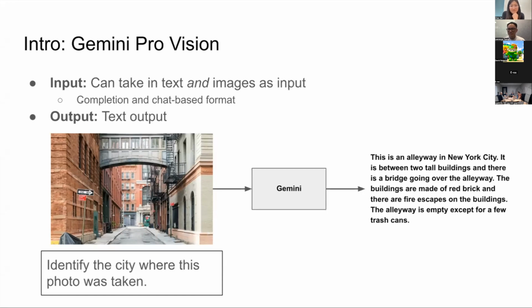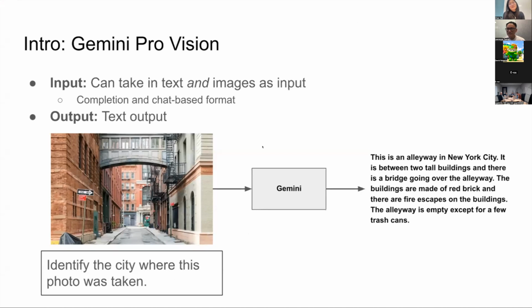In the example notebook, for instance, we have a screenshot of a street in New York and the prompt: identify the city where this photo was taken. You take both an image and text prompt, feed it into the Gemini vision model, and get back an answer: this is an alleyway in New York City, between two tall buildings, and there's a bridge.